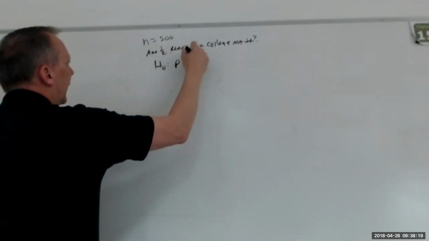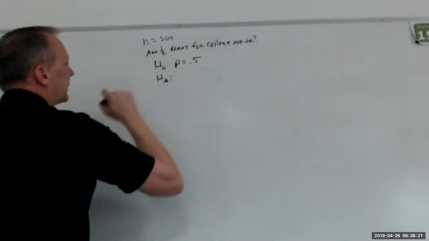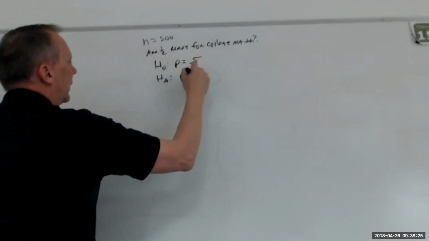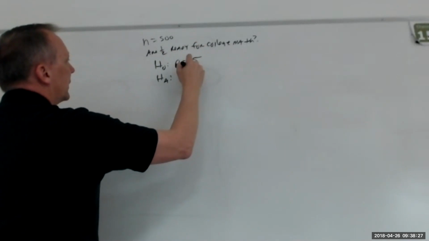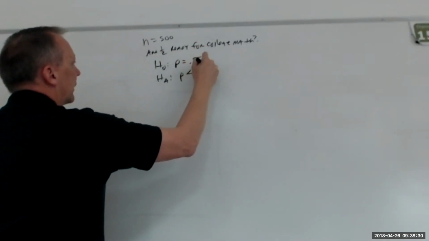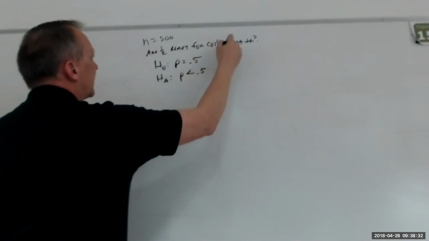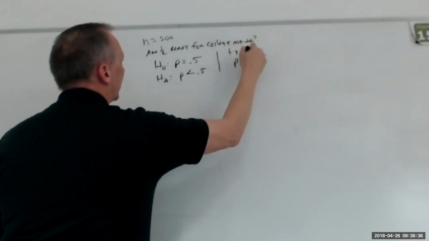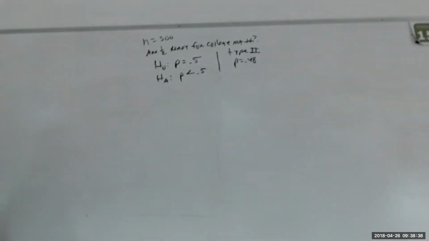Your alternative hypothesis was less than 0.5, right? Now, under the type 2, we're saying that P equals 0.48. Is that correct? Okay. All right, so now how would we set up this problem?